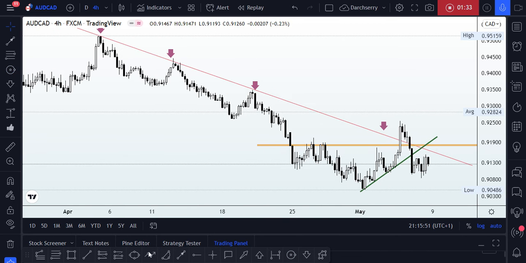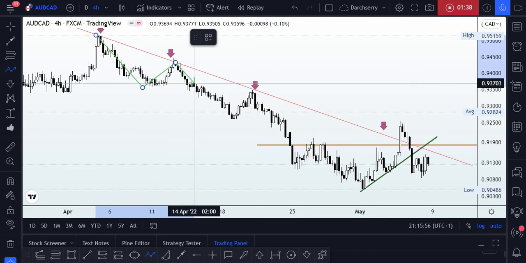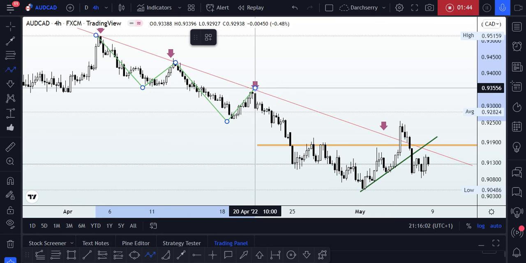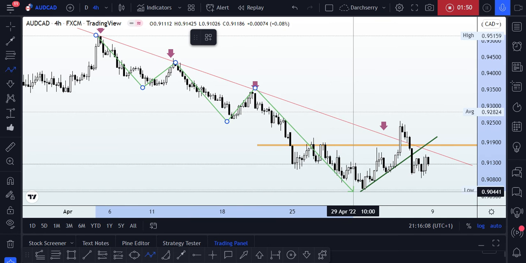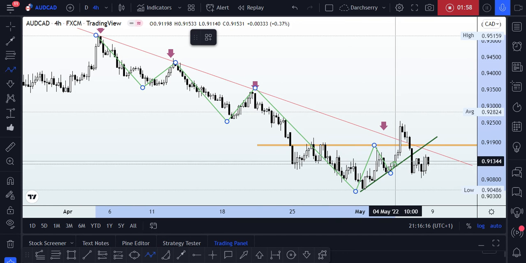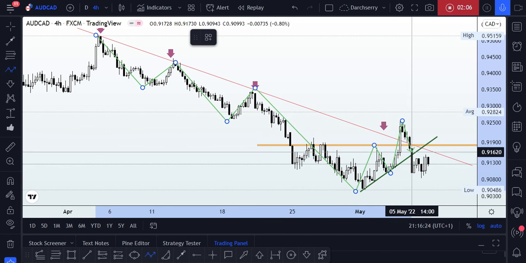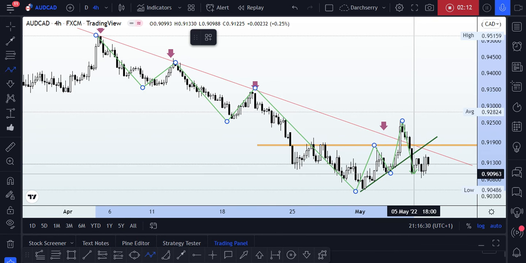But one thing we can tell for sure is that price has been respecting this bearish trend line for some time, though we didn't have significant expansion until the middle of April, where we saw this expansion that moved price right to the 0.9400 area, after which we started seeing higher lows, then a breakout of this area, which we don't know if it's going to be a false breakout or not.